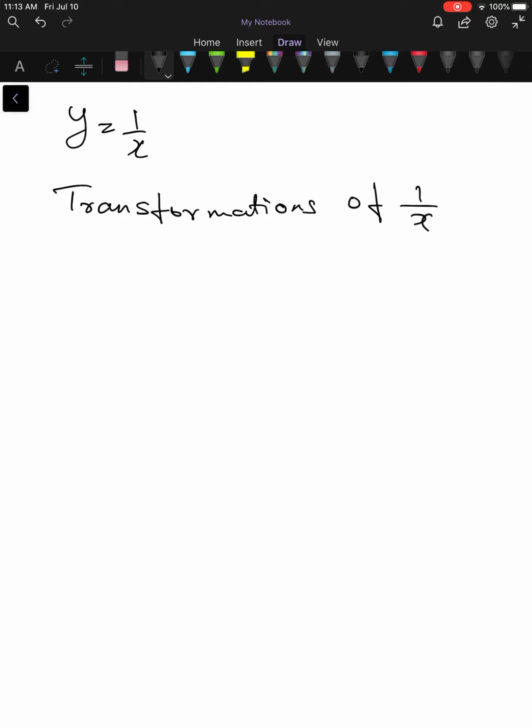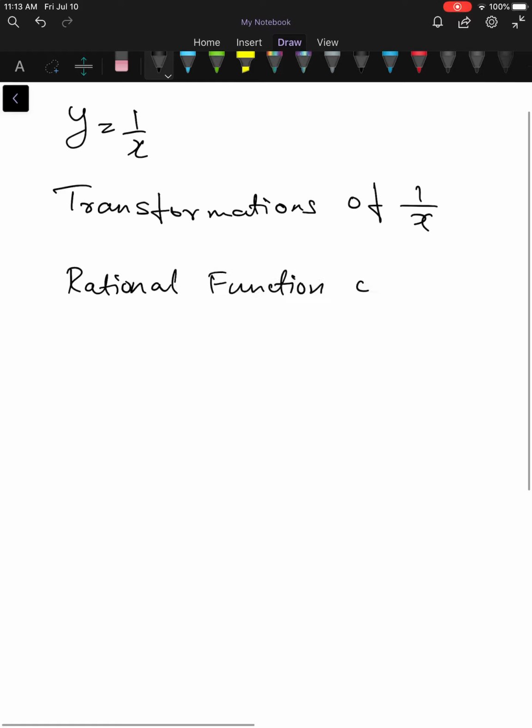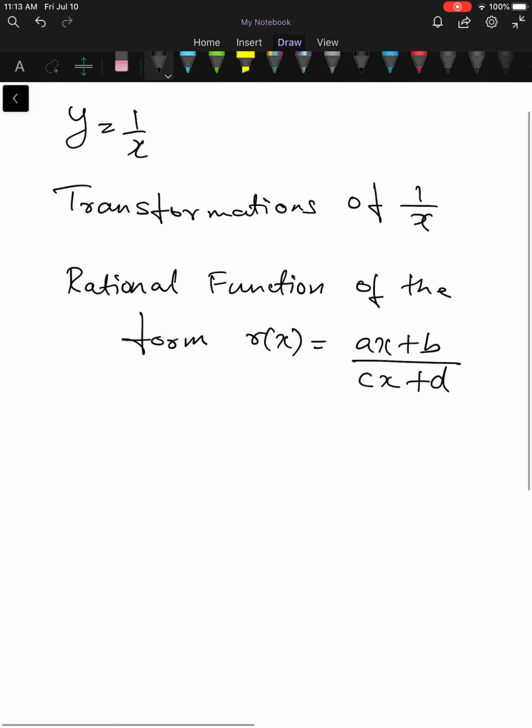Okay, so you can apply all the transformations on y is equal to 1 over x, and you can obtain a rational function of the form r of x is equal to (ax plus b) divided by (cx plus d).